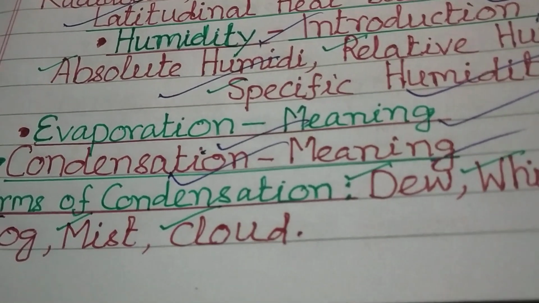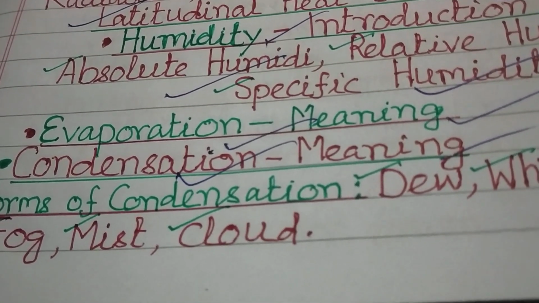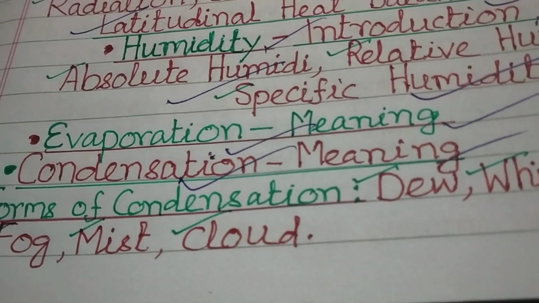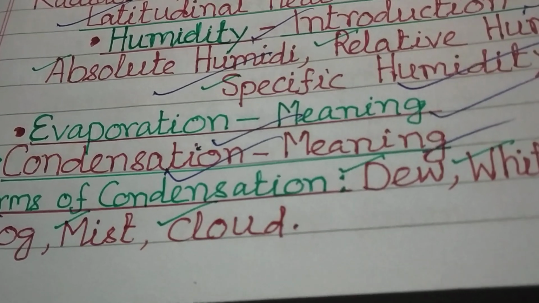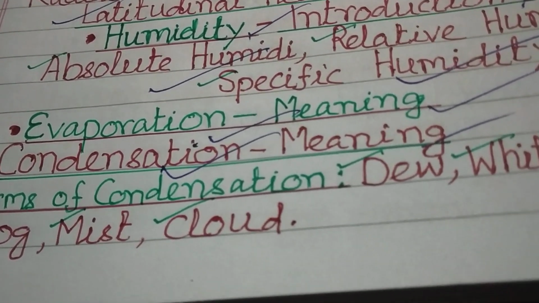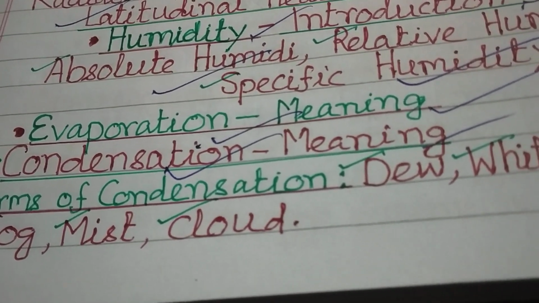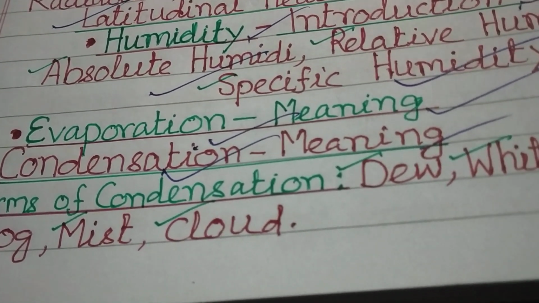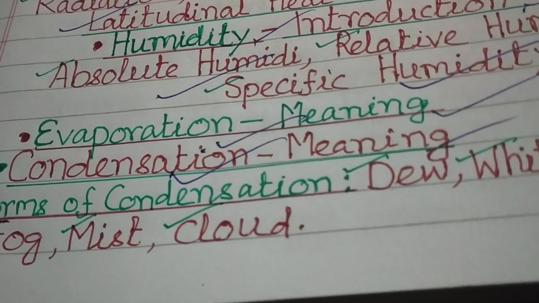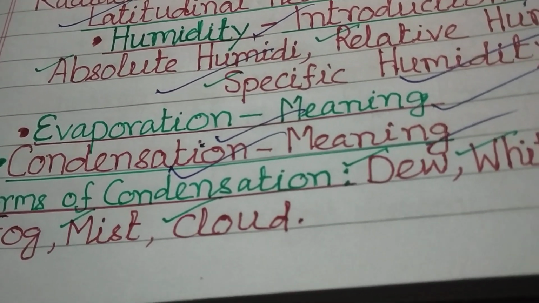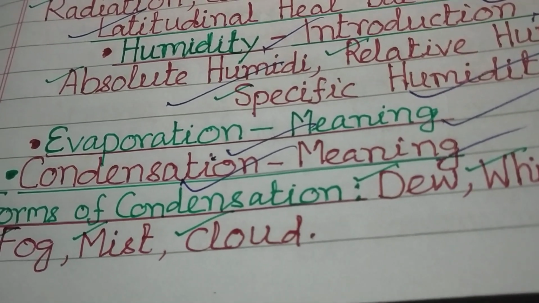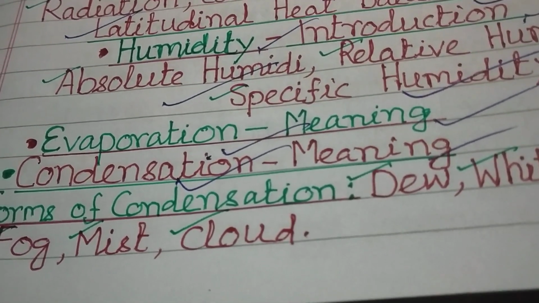Particles of dust, smoke, and salt from the oceans are particularly good nuclei because they absorb water. These particles are termed hygroscopic or water-seeking nuclei. Condensation in air itself can only take place if the air temperature is reduced to below the dew point.